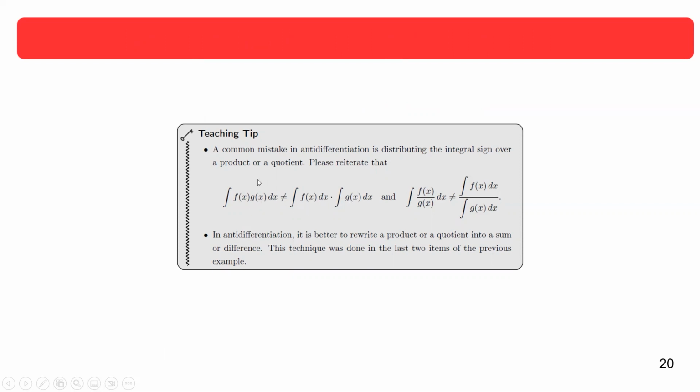What you have to do is do the operation first and then integrate. Similarly, if you have a quotient, you can't just get the integral of the top divided by the integral of the bottom. No. Do the division first, and then that's when you integrate. Can you follow?